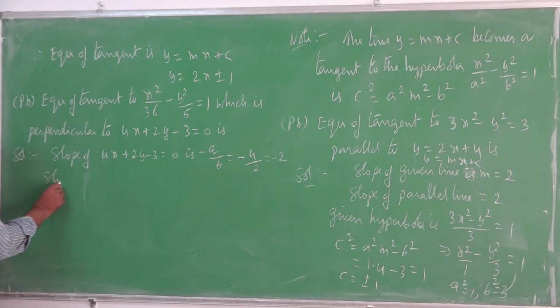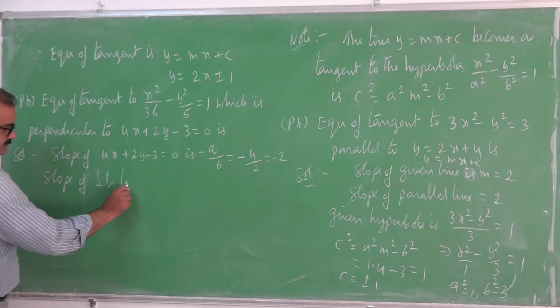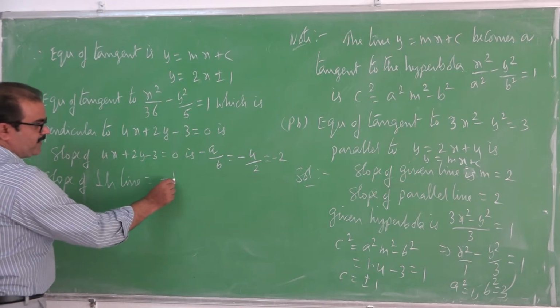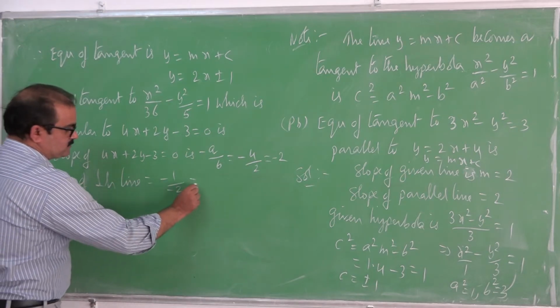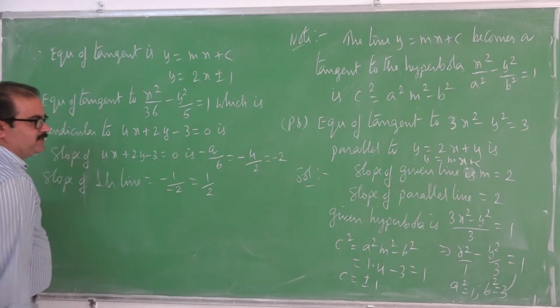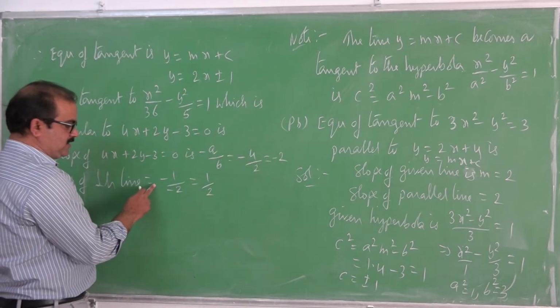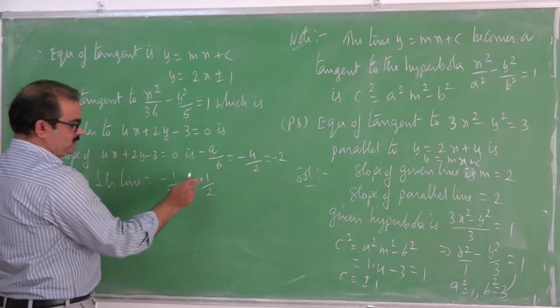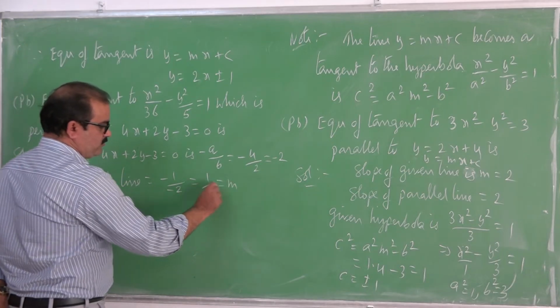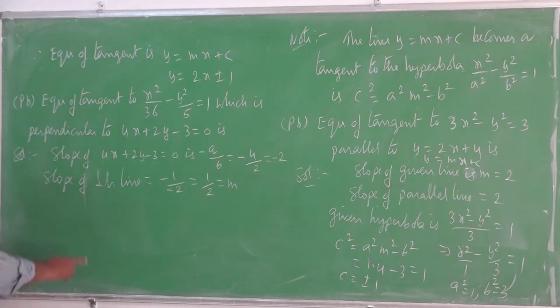Then what is the slope of perpendicular line? Minus 1 by minus 2, that is 1 by 2. If m is the slope of given line, slope of perpendicular line is minus 1 by m. So m is equal to 1 by 2. This is the slope of perpendicular line.